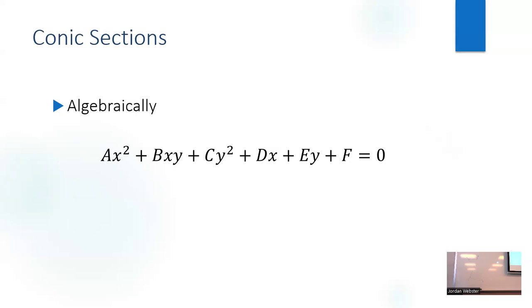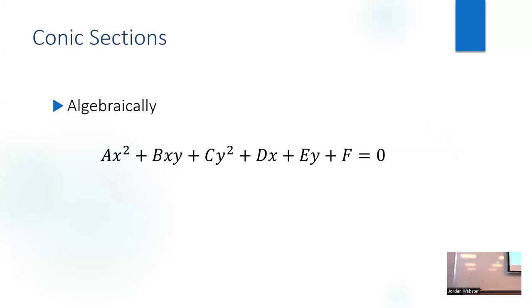So we have quadratic, meaning we're allowing squared terms, or we're allowing degree 2 terms. And then the A, B, C, D, E, and F, those are just real numbers. So algebraically, every conic section is going to look like that if we have to rewrite it.